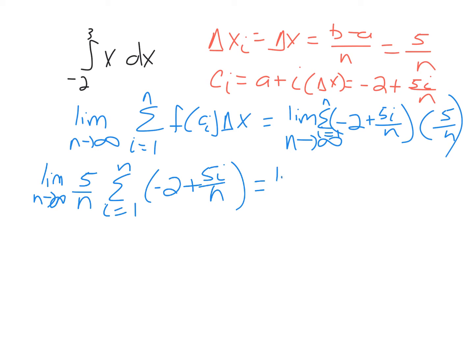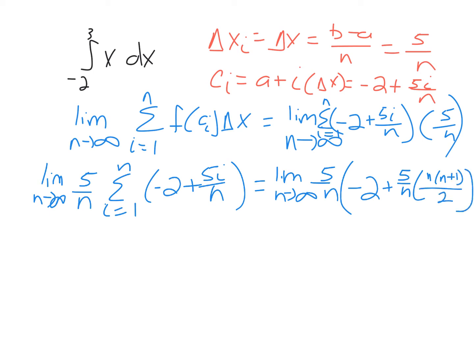So I'm going to have the limit as n goes to infinity of 5 over n, parenthesis, negative 2 plus 5 over n, parenthesis, n times quantity n plus 1 over 2.